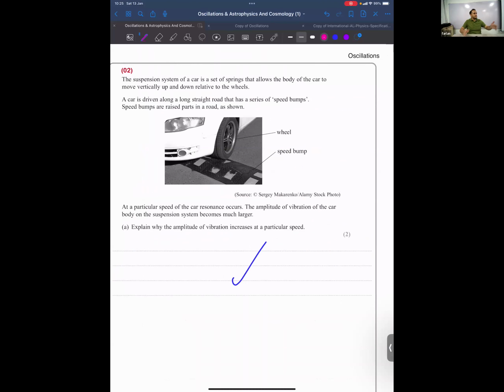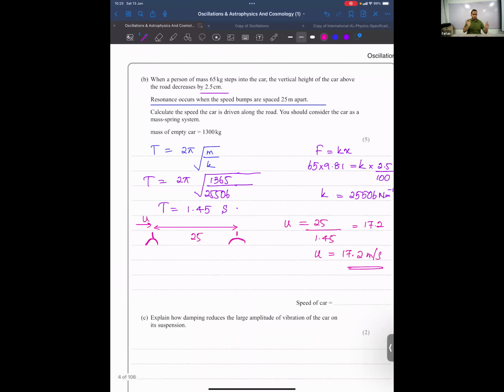They are asking what the speed should be so that resonance happens. So the car should travel at a speed such that the time taken between two adjacent speed bumps is exactly the time period of the oscillation. Correct? Understood?